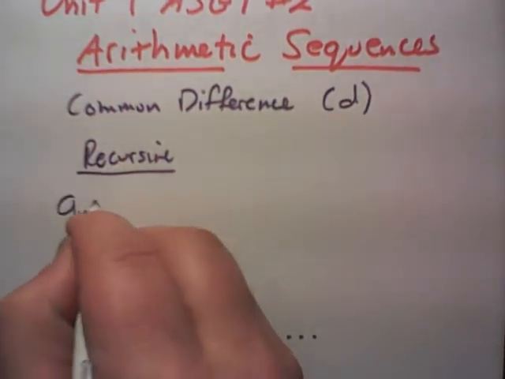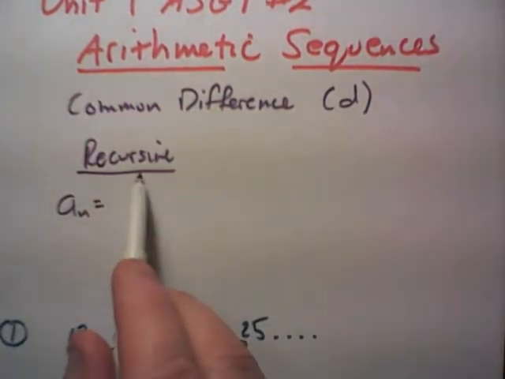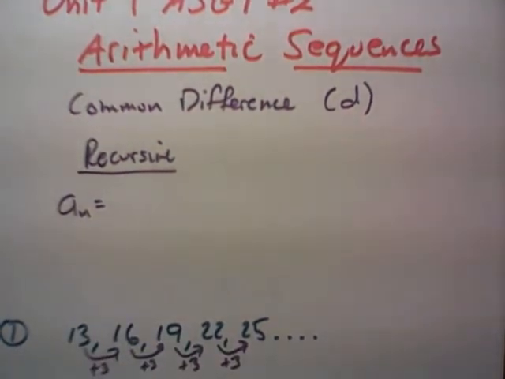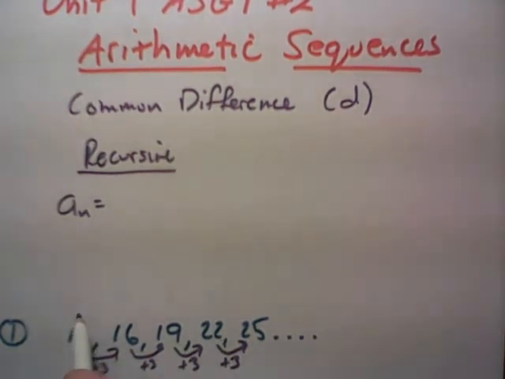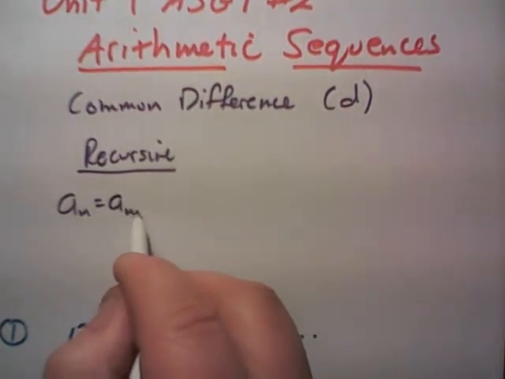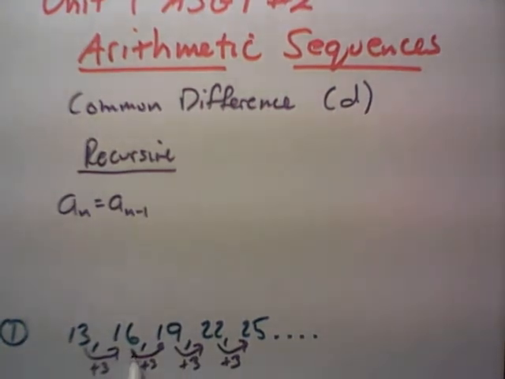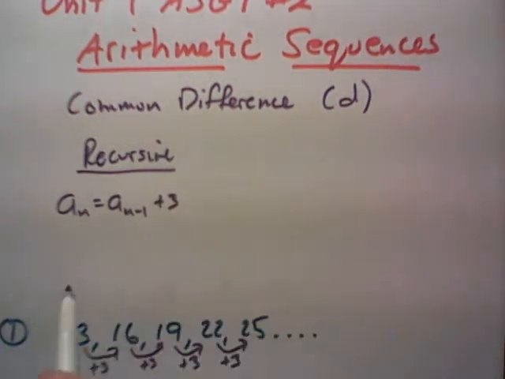Remember, a recursive formula is a formula that is based on the previous term. So to find a sub n, which is any term number, we're going to start with the previous term. And if it's an example like this one, where we go from 13 to 16 to 19, we always take the previous term and add 3.